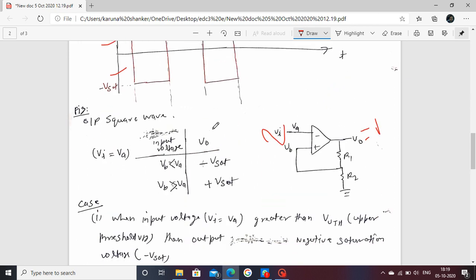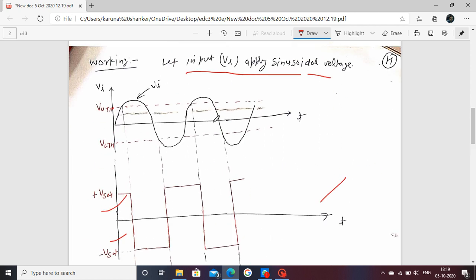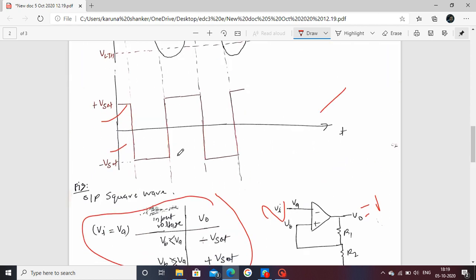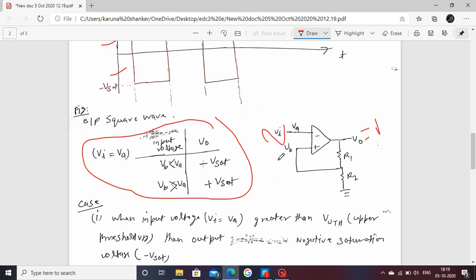Let's look at this table first, and explain the operation with it. Here, consider the input terminal voltages VA and VB. VI is equal to VA, that is, whatever VA is, VI is the same.